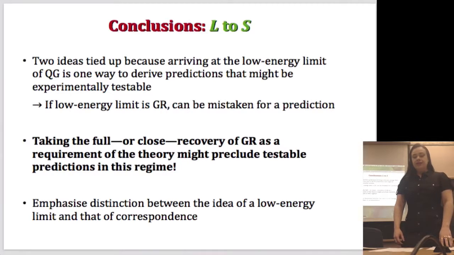So I think taking this really close recovery of general relativity might prevent us from making genuine predictions in this regime. Obviously, we don't want to conflict with the results of general relativity. But I think there's space to have the theory say something outside of the domains that general relativity is known to apply to. So I want to emphasize this distinction between the idea of a low energy limit and correspondence. They are two distinct ideas.